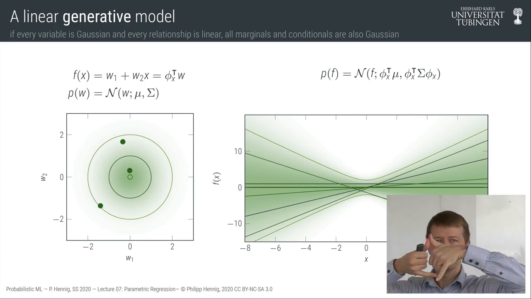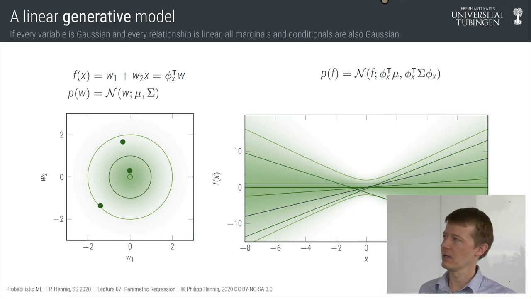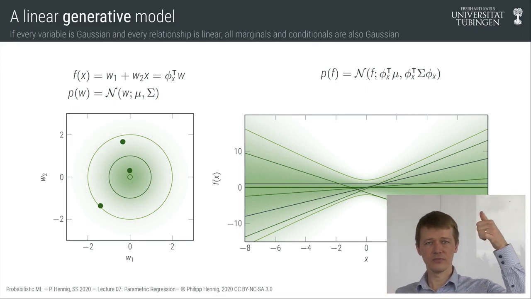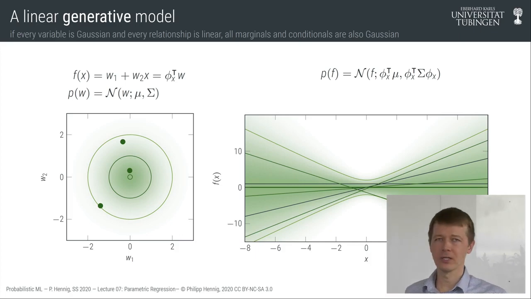We apply it from the left and the right to this covariance matrix here. And because this feature function involves x, what we get out actually depends on x. And you can see the diagonal entries of these covariance matrices shown by this green sausage of uncertainty around the mean value. And notice that it gets smaller as we get to the origin and gets larger as we move away.